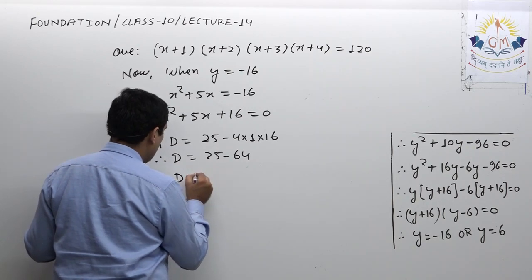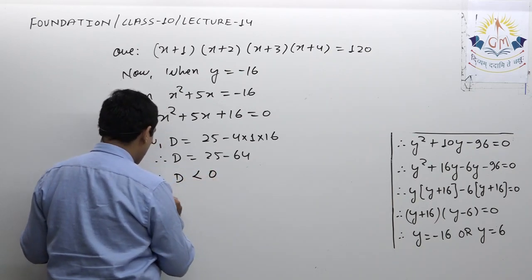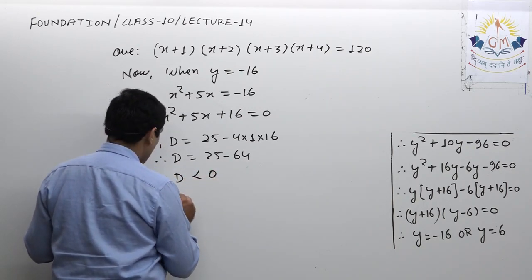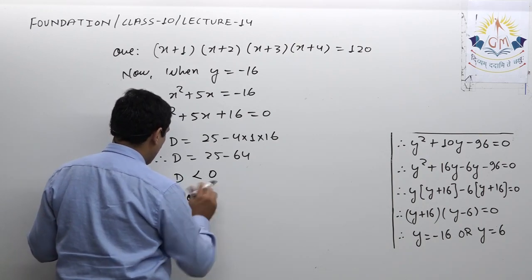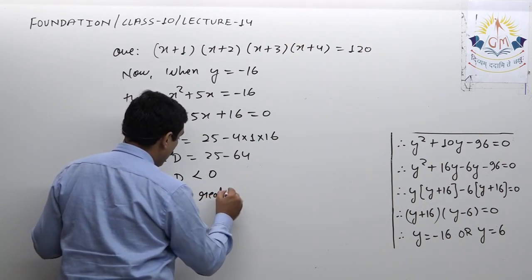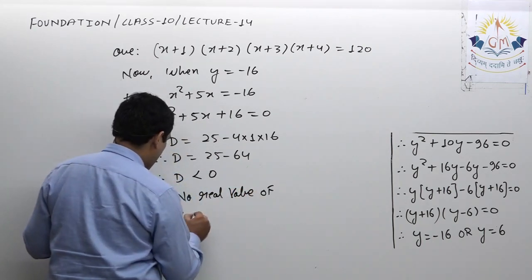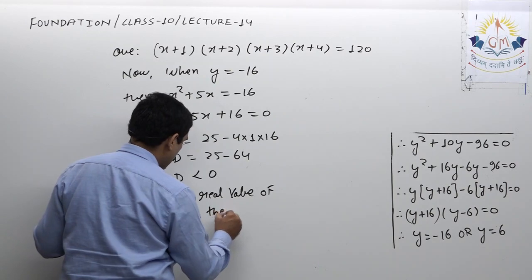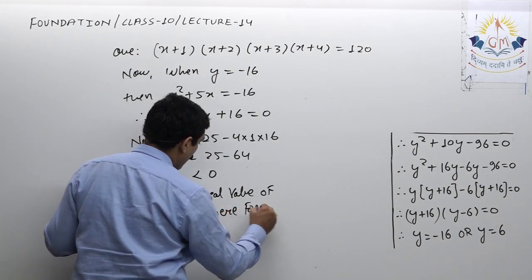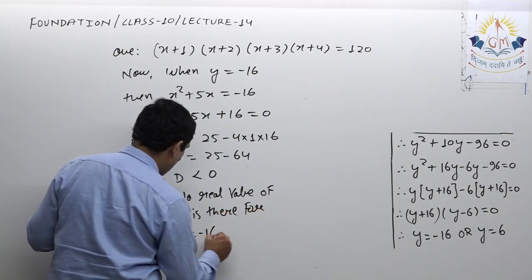Therefore D is less than 0. Therefore no real value of x is there for y is equal to minus 16.